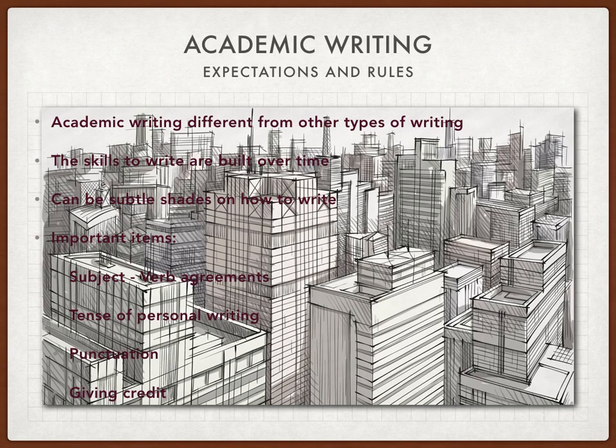Subject-verb agreements. It's key that you understand how to write a flowing paper where all of the verbs agree. Also, you want to try to be active in your verbs instead of I went to the store, I am going to the store.